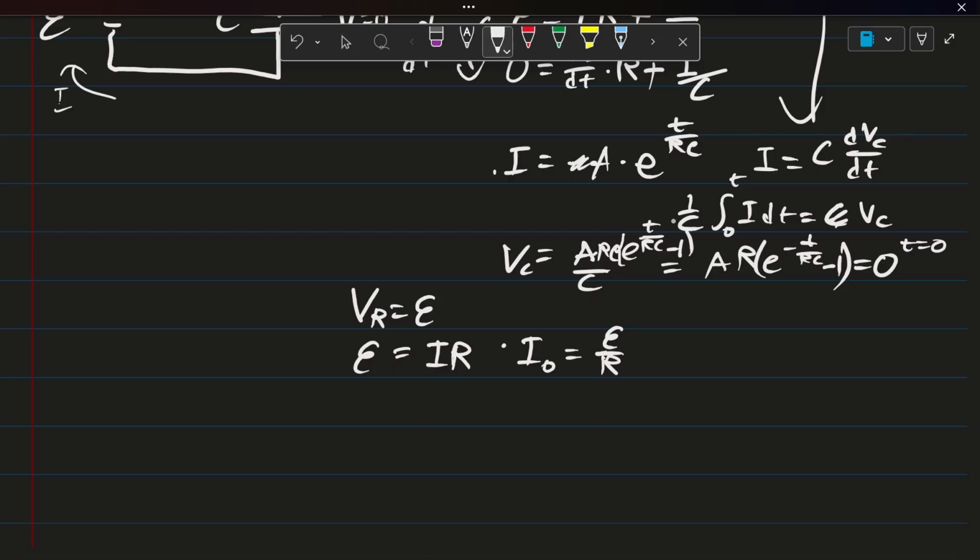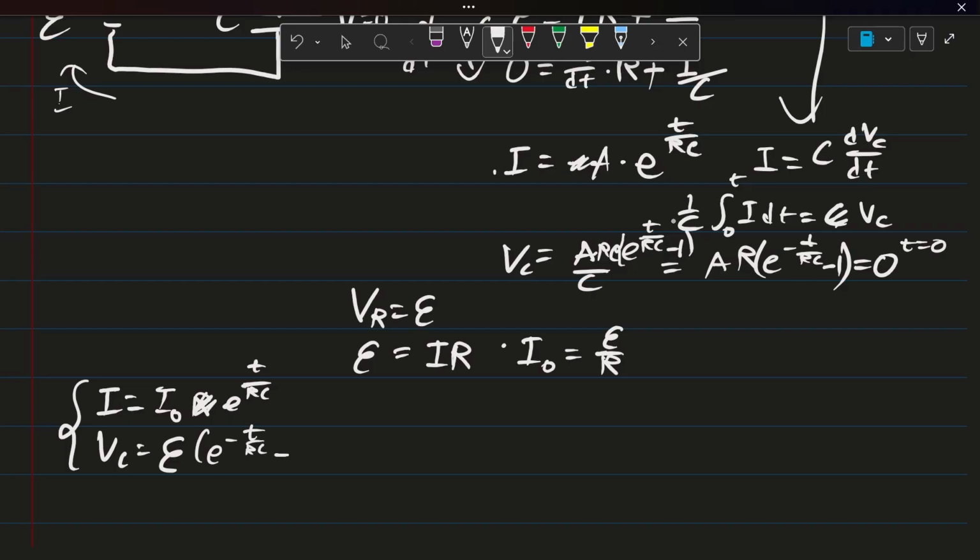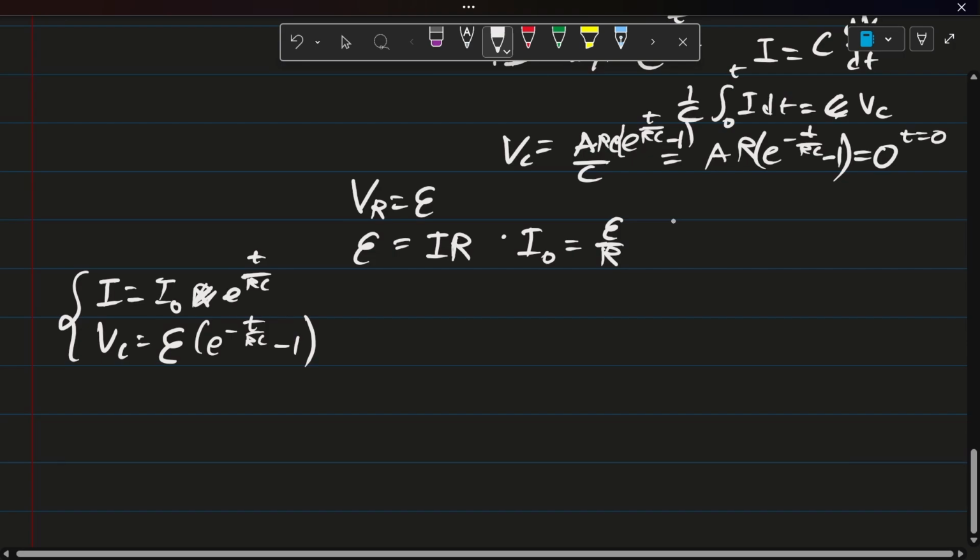Well, that's exactly it. So the solution is I equals I0 e to the power negative t over RC. And the voltage is I0 R, which is the EMF, multiplied by e to the power negative t over RC minus 1. So why did I compute this?